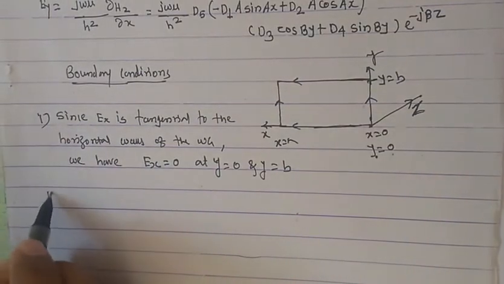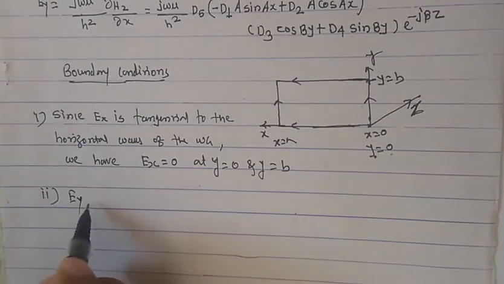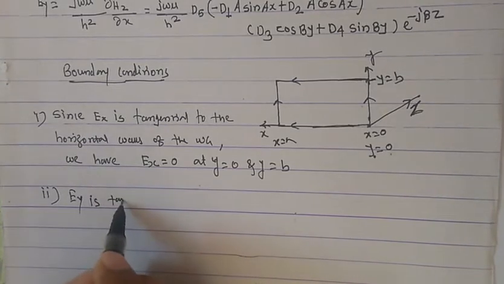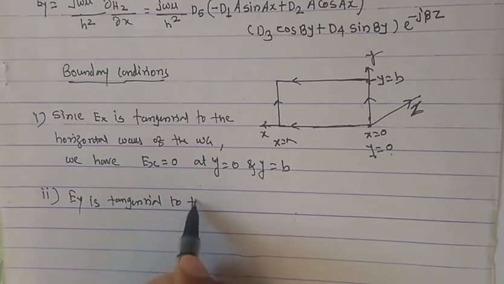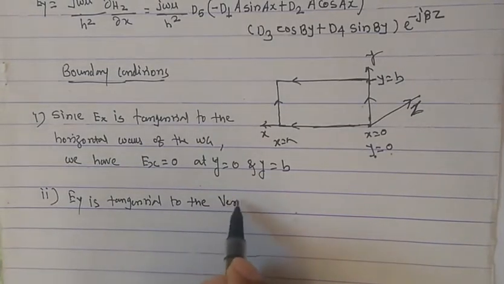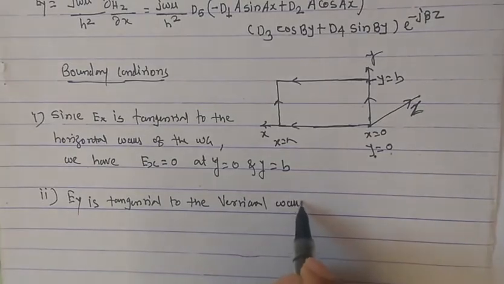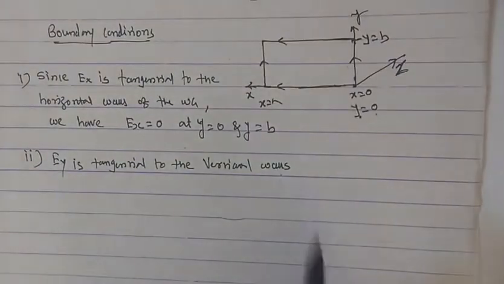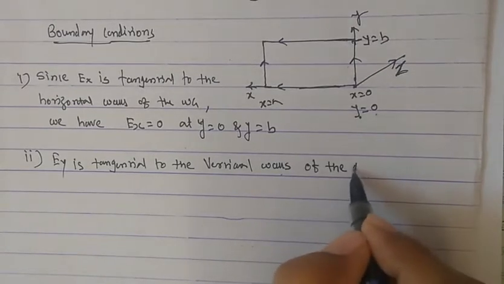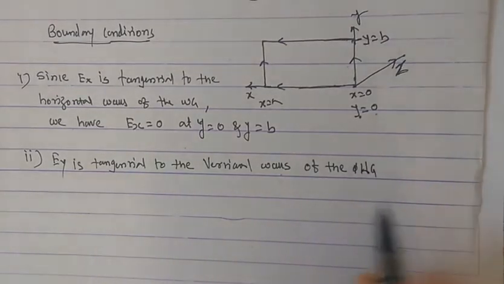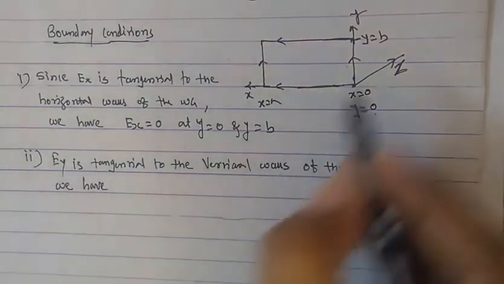Second boundary condition, since Ey is tangential to the vertical walls of the waveguide. These are the vertical walls.